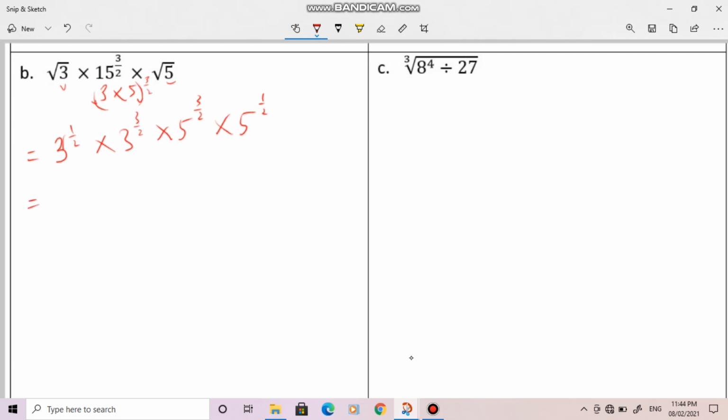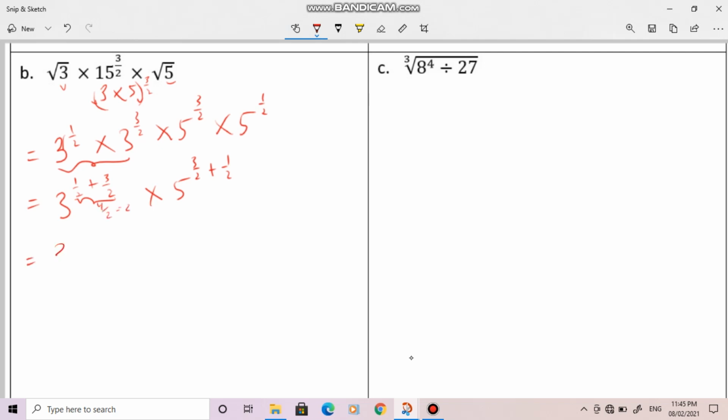Okay, for this one, you have 3 power of 1 over 2 multiplication. So, just add up the index, times by 5 power of 3 over 2 plus 1 over 2. So for the index, you will have 4 over 2, right? 4 over 2 is equal to 2.